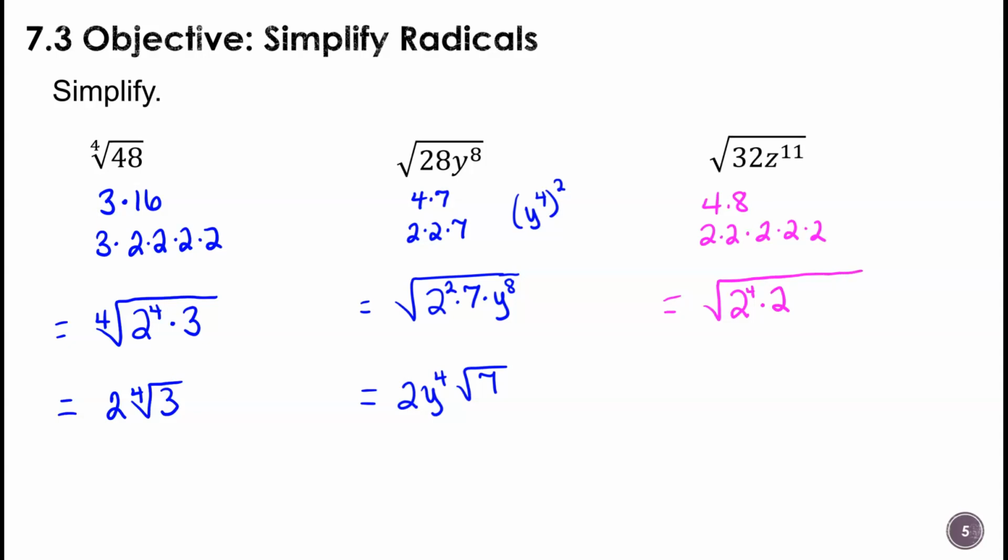And then I'm going to take the z and write that to the 10th power times z to the 1st power. I'll go ahead and put a first power on this too also. So what I'm doing is I'm splitting that up to reflect an exponent that is divisible by my index and what's left over.